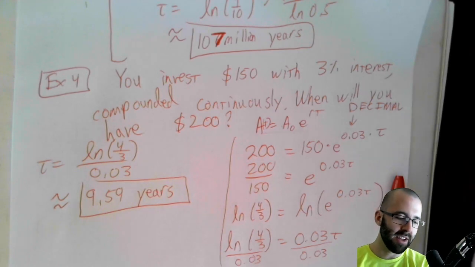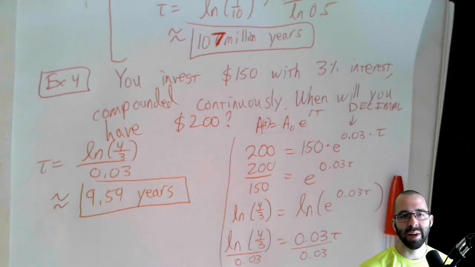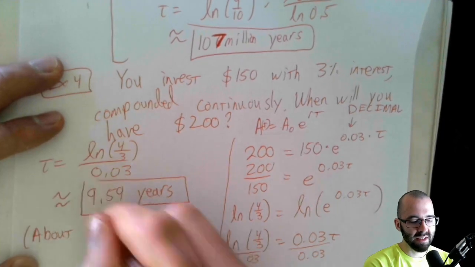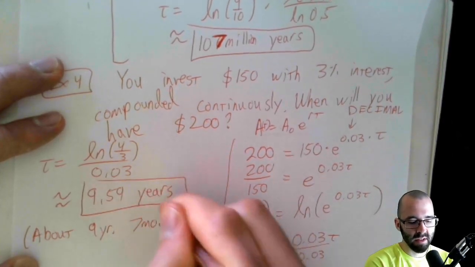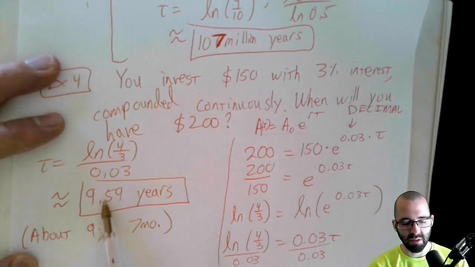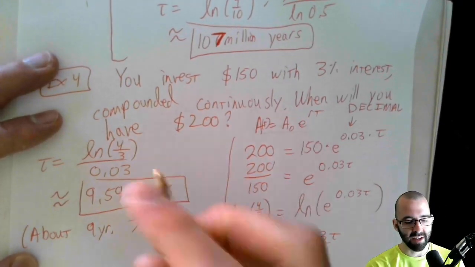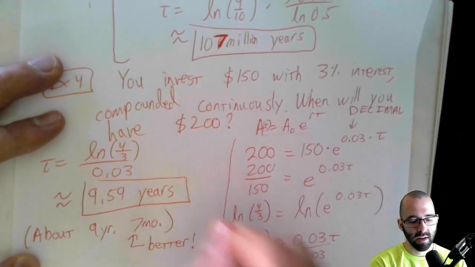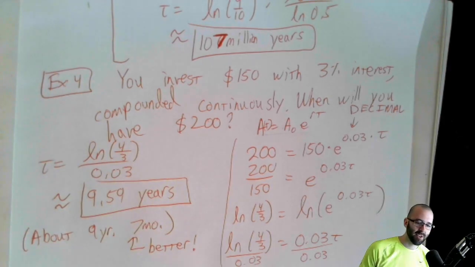So you can kind of convert that. What is 0.59 years? Well, a year is 12 months, so 0.59 years is about 7 months. So about 9 years and 7 months. This is a better answer. But I'll take either.